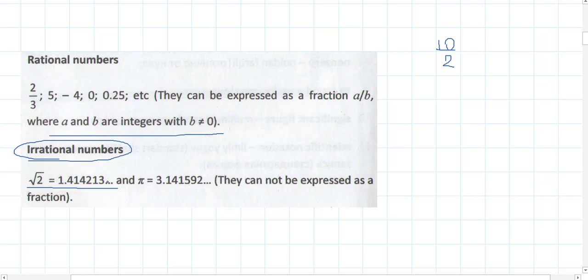We also have the number pi, which is 3.14, etc. These numbers are irrational numbers, and we cannot express such numbers as a fraction a over b. That's why they are called irrational numbers.